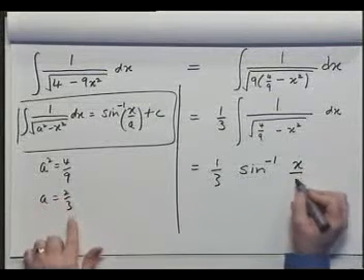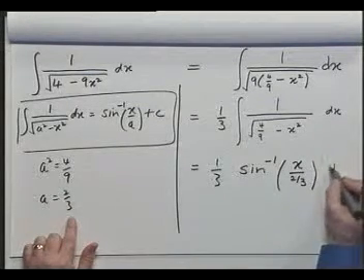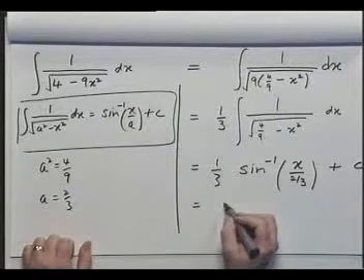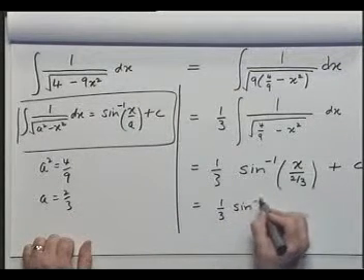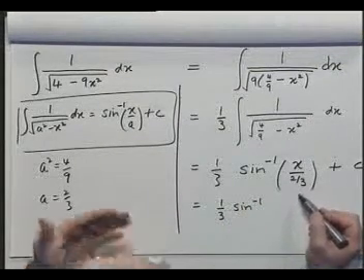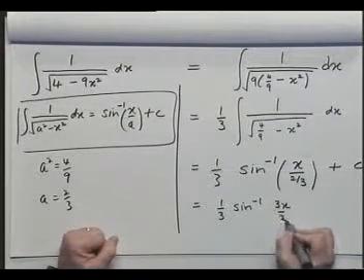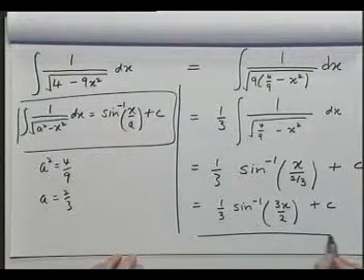A was 2/3. Plus a constant of integration. And just to tidy that up, we'll be left with a third inverse sine. Dividing by 2/3 is the same as multiplying by 3 over 2. So we'll have 3x over 2 plus a constant of integration. And that's our final result.